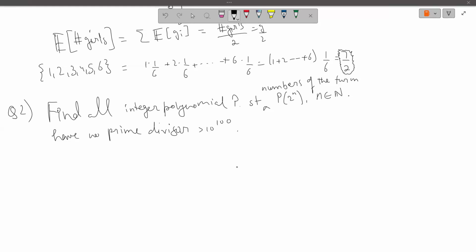So there is an upper bound on the max prime divisor of all the numbers of the form p of 2 to the n, right? Yeah.